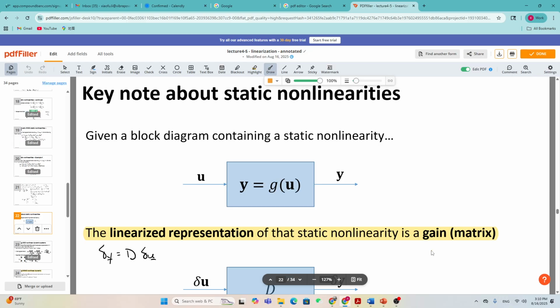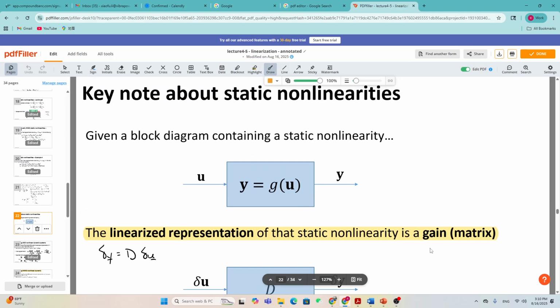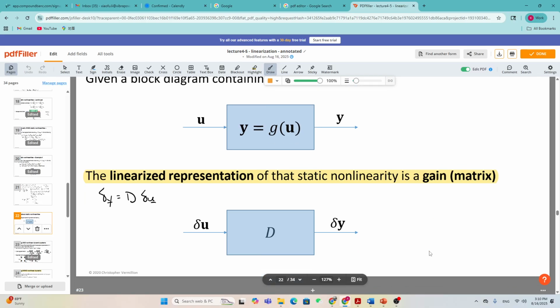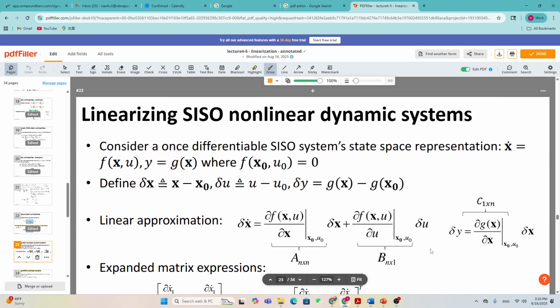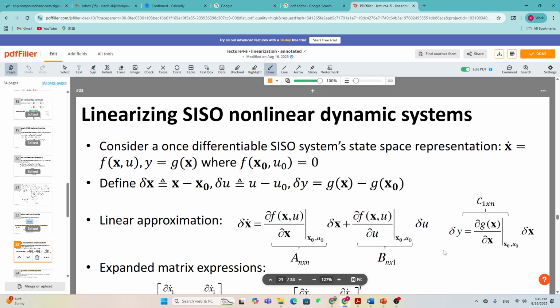But that can also sometimes be nonlinear if, let's say, your resistor is time or temperature dependent. But whichever one you consider, the linearization for a static nonlinearity is always a gain. If you look at a nonlinear dynamical system, that will have states.